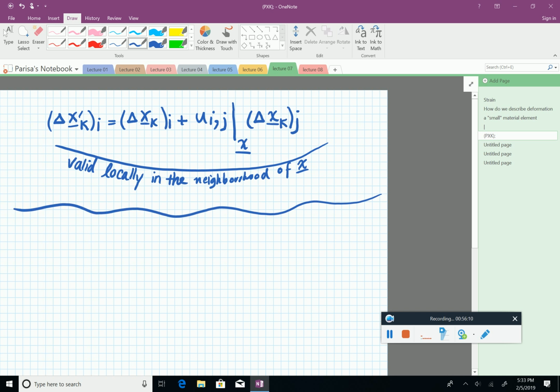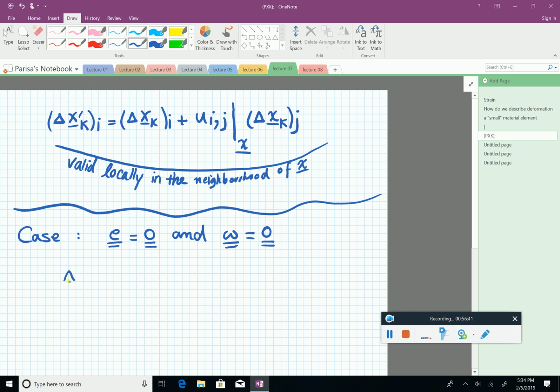Now, let's consider a few special cases. Suppose E is 0, it's a tensor, and omega is also 0.